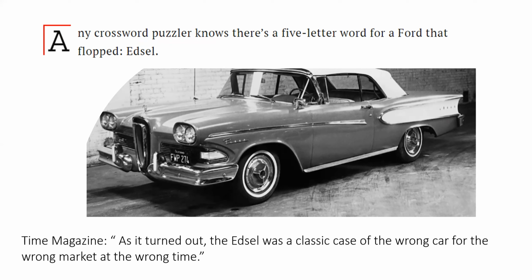And Time magazine said, as it turned out, the Edsel was a classic case of the wrong car for the wrong market at the wrong time. Why? Again, because their sample was flawed. They did a lot of research, they put a lot of money into their research, but still the sample that they got was very flawed.